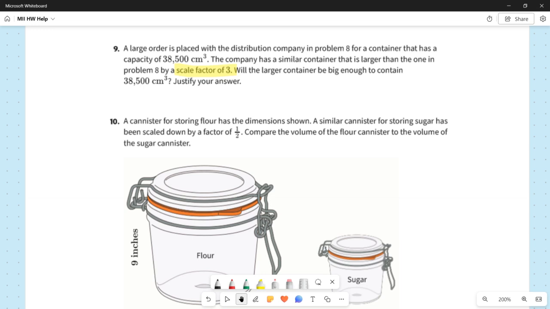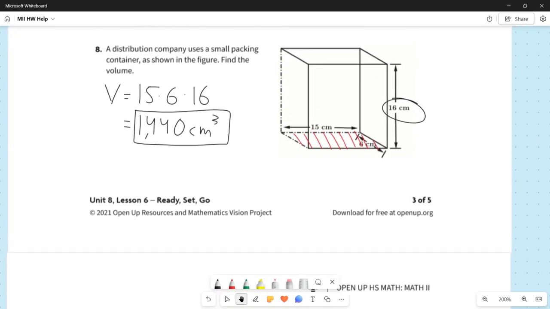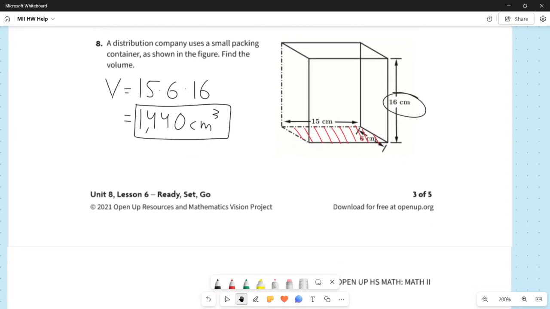The longer way is to basically just redo question 8, except take all of our dimensions, the length, width, and height, and multiply them all by 3, and then find the volume of the new box. So the old, smaller box had a base that was a rectangle with dimensions 15 and 6.